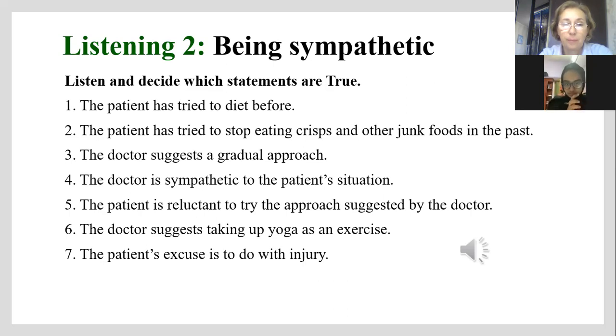What do you think the problem is? I tend to snack a lot during the day with crisps and fizzy drinks and biscuits and sweets. I'm sitting around a lot at work and I've tried to cut out all these things, but it's impossible.